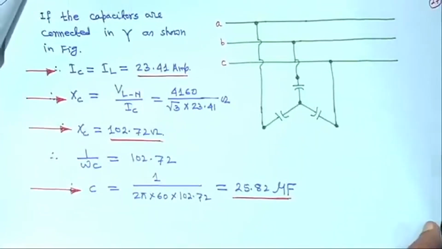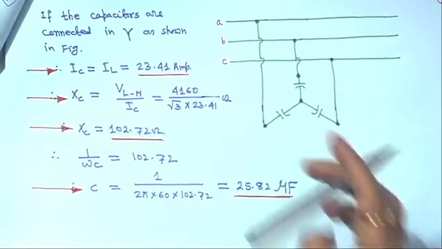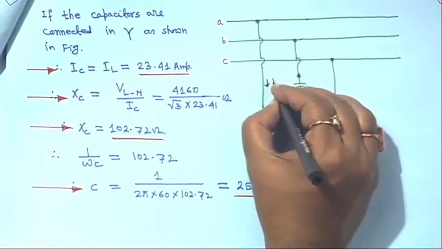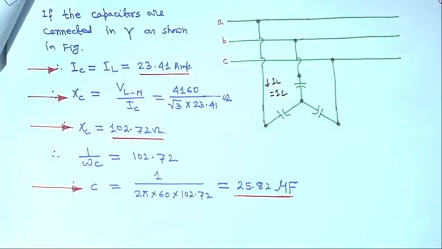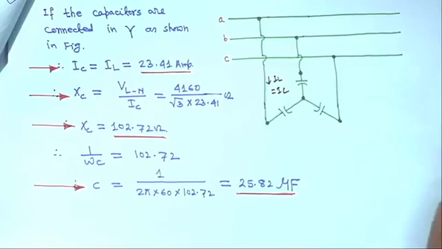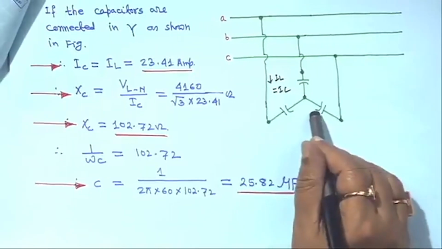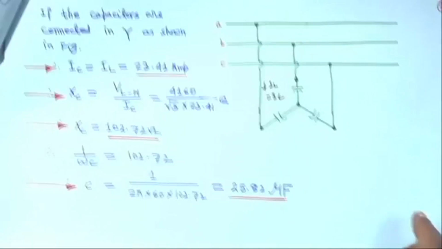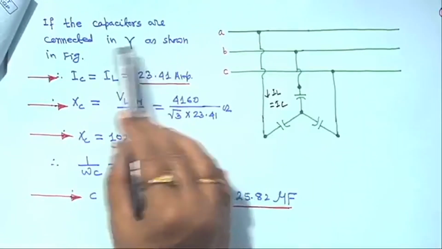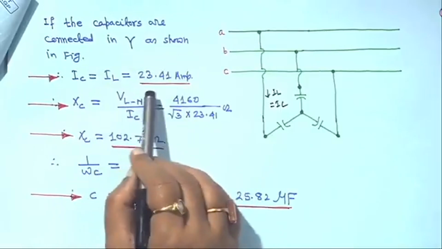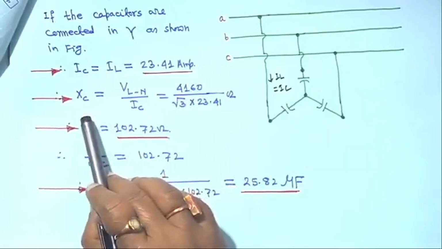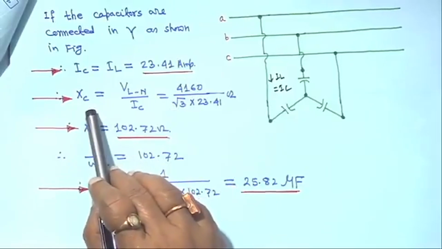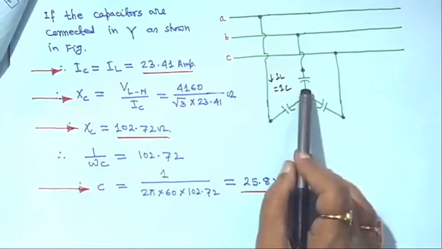Now if it is star connected, then IL is equal to IC. If it is star connected, in every phase IL is equal to IC. I forgot to mention it here, that is why I am writing IL is equal to IC. So, if the capacitors are star connected, then IC is equal to IL is equal to 23.41 ampere. In that case, you have to take the line to neutral voltage, because it is star connected.